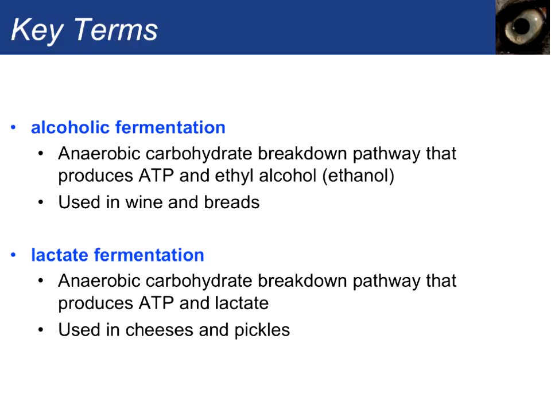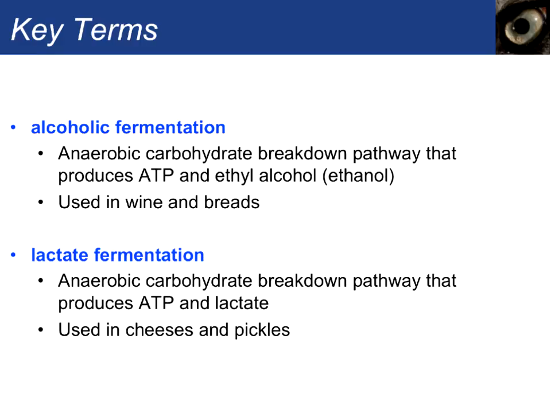So alcoholic fermentation is the anaerobic carbohydrate breakdown pathway that produces ATP and ethyl alcohol. So this process is used to make wine and breads and pretty much any other alcohol. Lactate fermentation, on the other hand, is an anaerobic carbohydrate breakdown pathway that produces ATP and lactate.